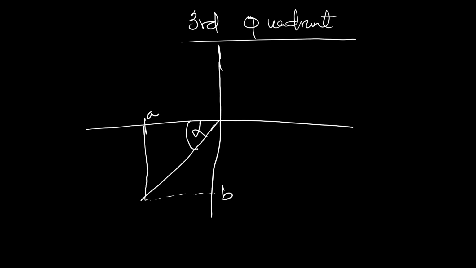So in the third quadrant, everything is negative. So negative a, negative bi. This is what you are going to get in the third quadrant, because here is the negative real axis and here is the negative imaginary axis, and we have alpha here. So the alpha here represents the argument, right? But we want the principal value of the argument.